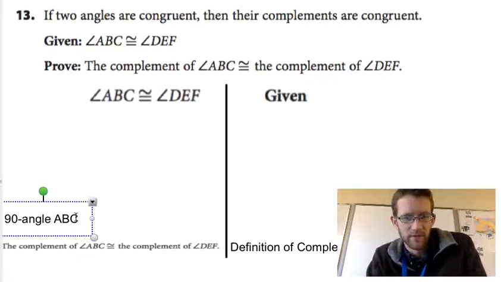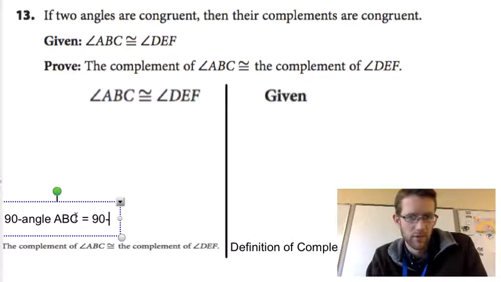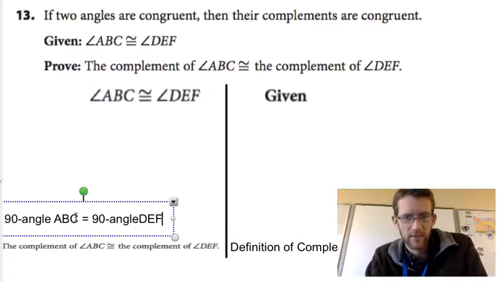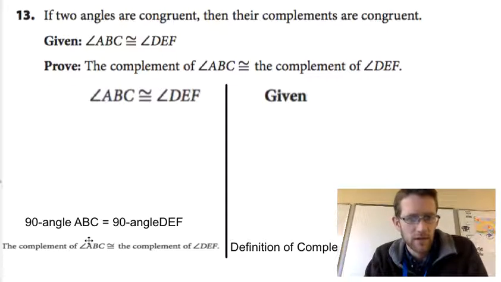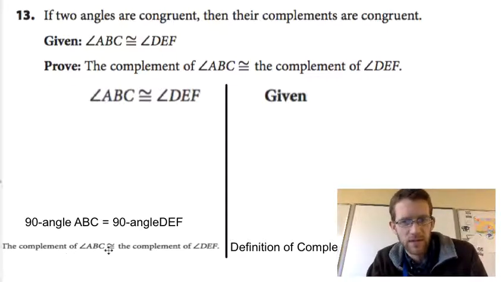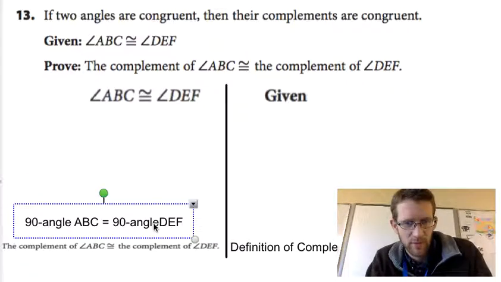And we know the complement of angle ABC is congruent to the complement, which is 90 minus angle DEF. So all I did here is instead of saying the complement of angle ABC is congruent to the complement of angle DEF, I'm going to say that 90 minus angle ABC equals 90 minus angle DEF. In fact, let me reword this a little.